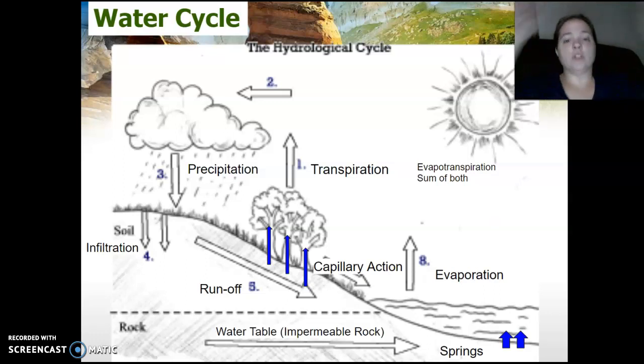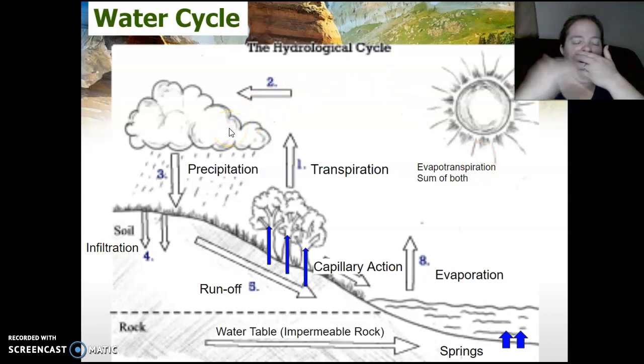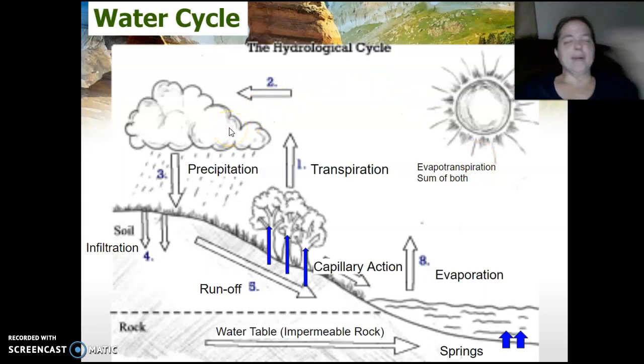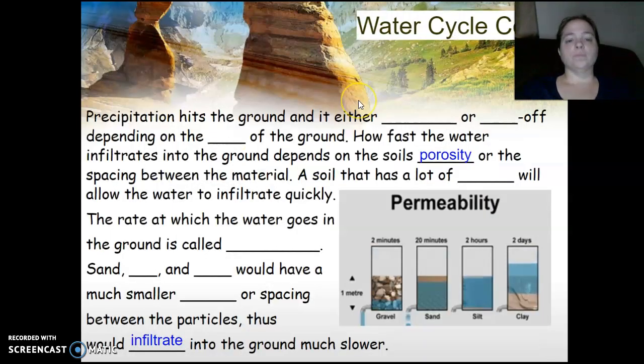That's how much water vapor is actually getting into the air. Once it gets into the air, it flows back over land for precipitation, and it starts all over again. And we're going to go a little bit more into detail about this.